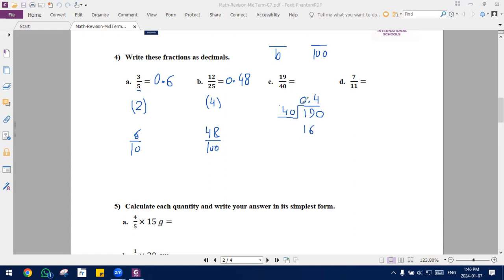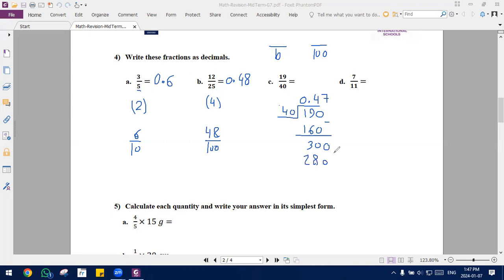For me, just like 4 times 4 is 16, and then I add 0. We subtract, the remaining is 30. Now to find the next value, we add another 0. 300 divided by 40, or you can say 30 divided by 4. So the closest value is 7. 7 times 4 is 28.